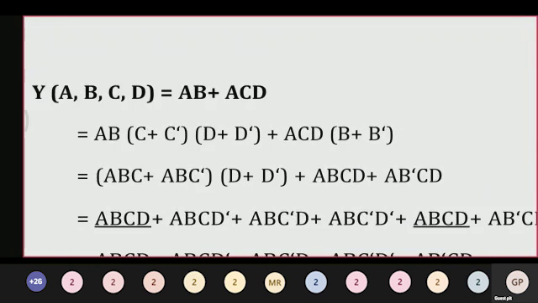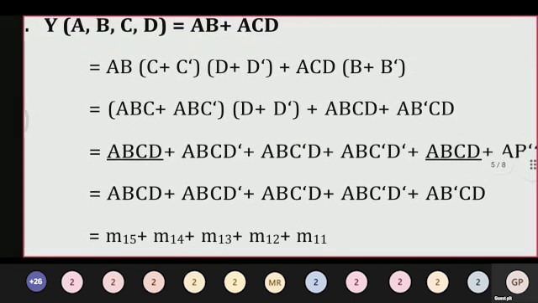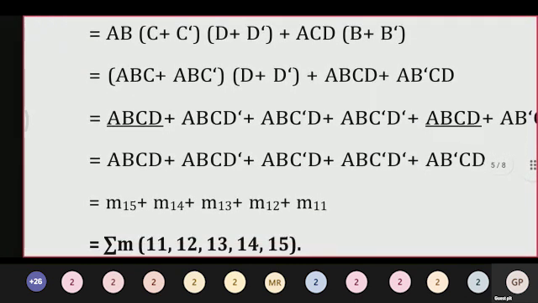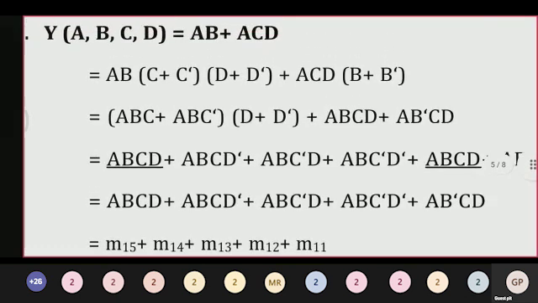So you need to multiply the product term with the missing variables and their complements. So this will become AB into C plus C bar, D plus D bar, plus ACD into B plus B bar. Next, you need to expand the expression by using distributive law. ABC plus ABC bar into D plus D bar, plus ABCD plus AB bar CD.